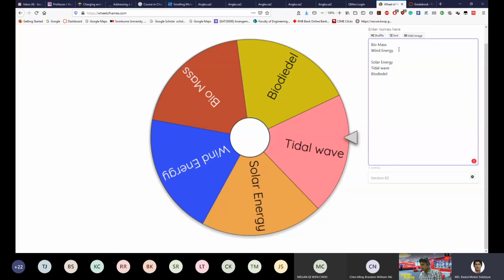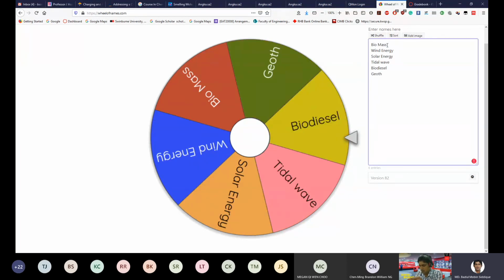Okay, good. Thank you. I'll start over again. So wait, 1, 2, 3, 4, 5. Oh my God, time. Biodiesel, solar, biomass, geothermal, hydropower is there.